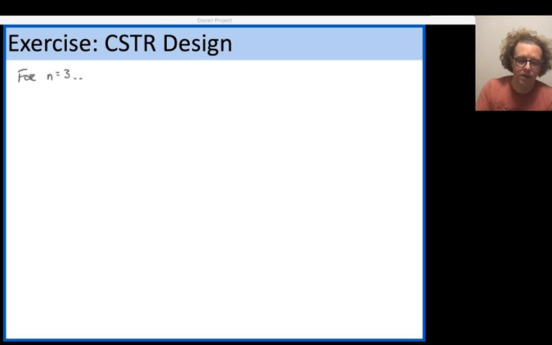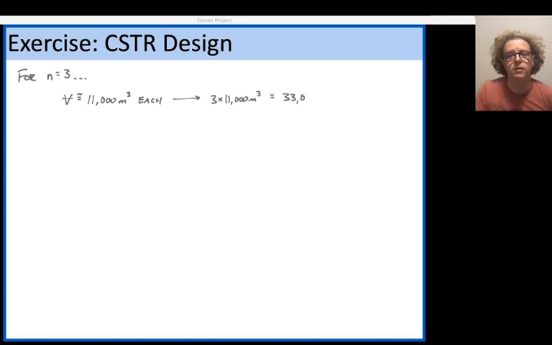And so we can go ahead and apply that equation. If we solve it with n equals 3, you should get a volume of 11,000 cubic meters. And to remind you, that means each of them has a volume of 11,000 cubic meters. Or in other words, you need 33,000 cubic meters total, multiplying by 3 because that was 3 CSTRs in series.